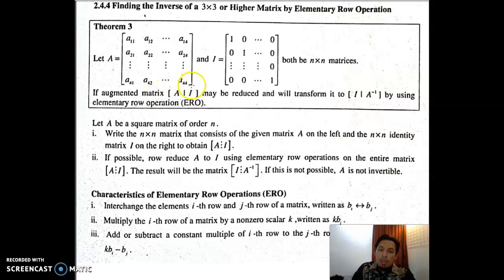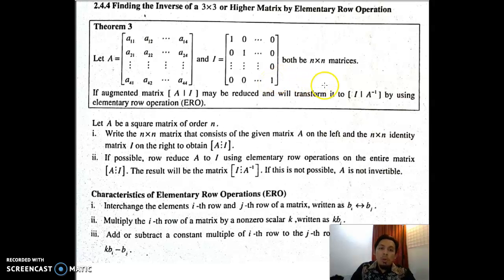So first it will be in the form of A | I, so A on the left hand side and the identity matrix on the right hand side. And by conducting elementary row operation, we are going to change A here into the form of identity. So from a matrix with numbers, we are going to change it into identity with 1 at the diagonal elements and 0 at other elements.